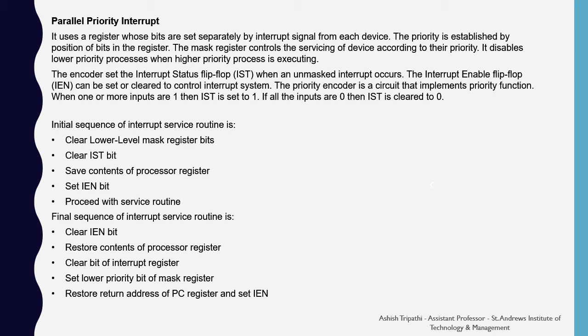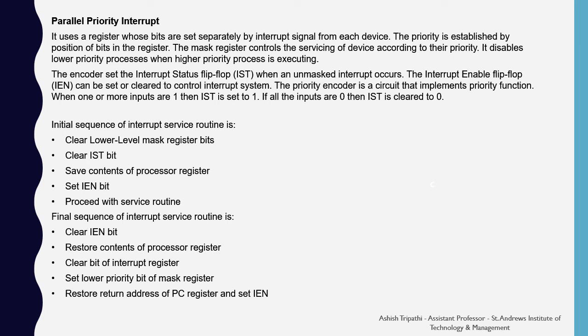Now what is happening after the interrupt occurs? You have to clear the IEN bit so that none of the other devices can interrupt the CPU now. Restore the content of the processor register. You have to restore and save the processor register contents somewhere in the buffer memory. Then you have to clear the interrupt register IR. Set the lower priority bit of the mask register.